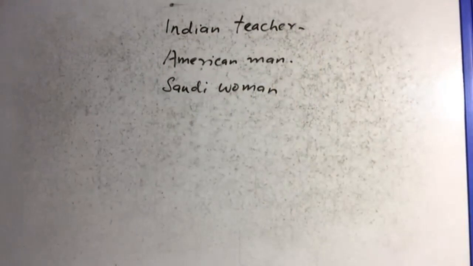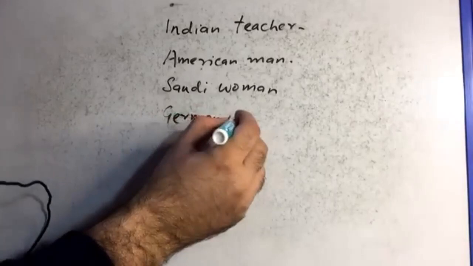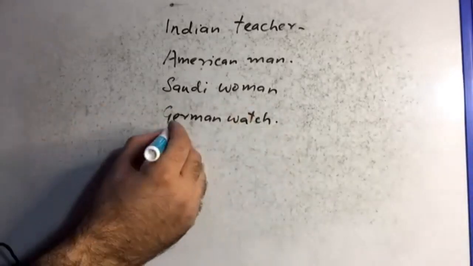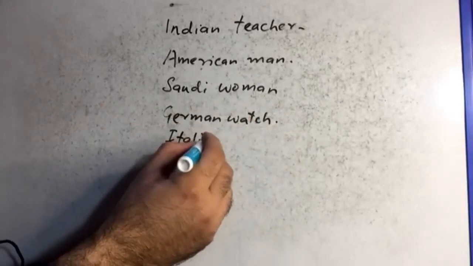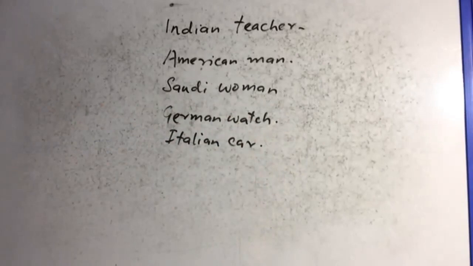Or I say German watch, ठीक है, Italian car. So here teacher, man, woman, watch, and car, all of these are nouns.